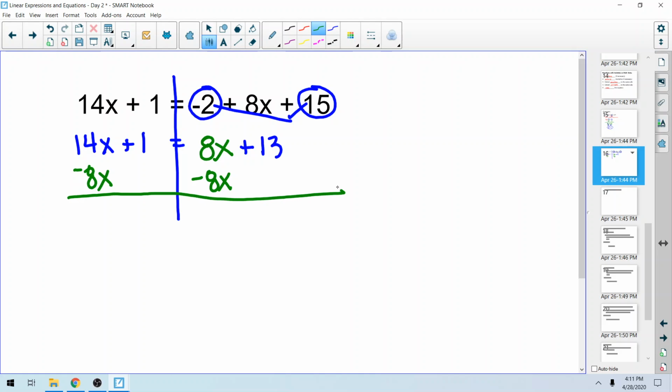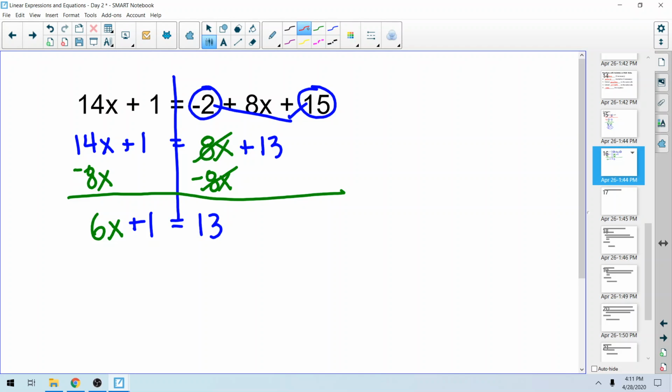So what I mean by that is when I take 14x minus 8x, I think that's 6, I get a positive 6x. Okay, then drop down your plus 1 equals your 8x minus 8x canceled, and then you have a positive 13.